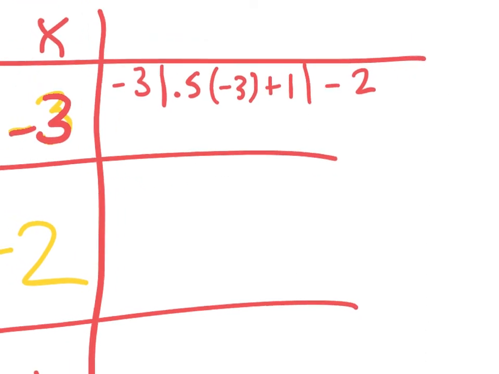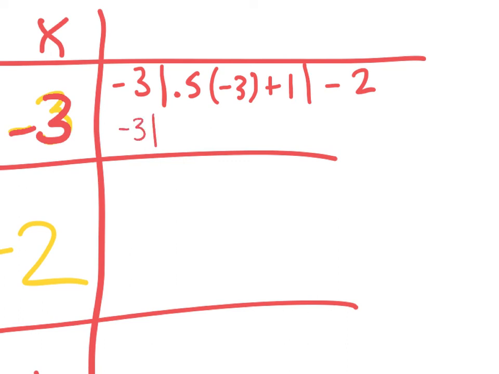Remember, we have to do what's inside of our absolute value first, but before we can do -3 plus 1, we have to multiply. Multiplication comes before addition. So this is -3 times the absolute value.